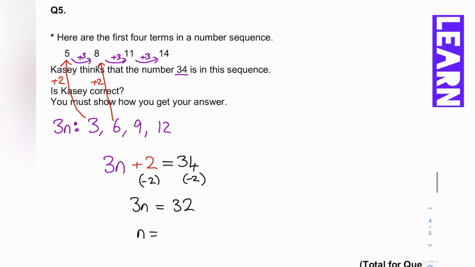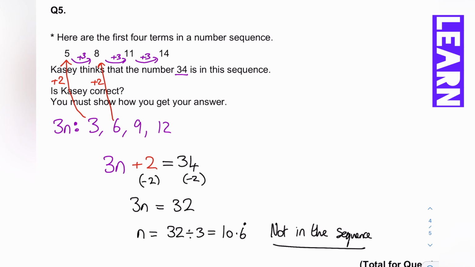And then finally we need to divide by that 3 to work out what n is. So this equals 10.6 recurring. If n is not a whole number, so is not an integer, that means it is not in the sequence. So we now know that 34 is not in the sequence as n isn't a whole number.